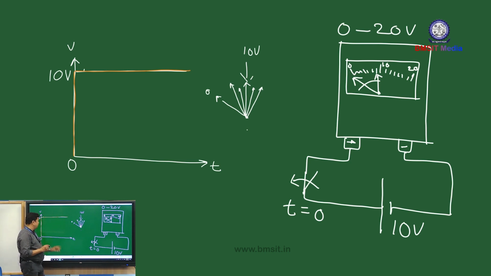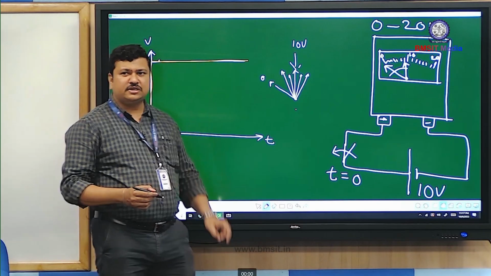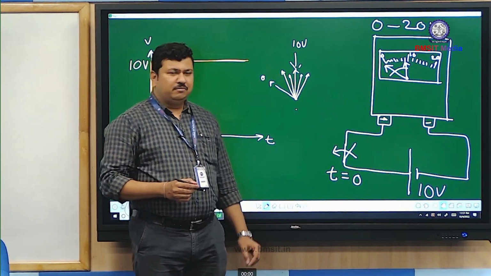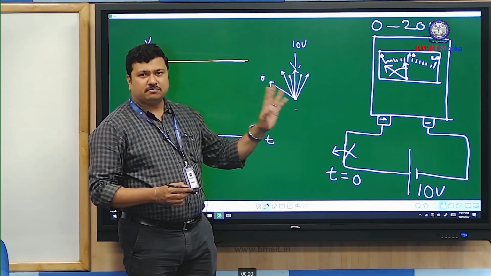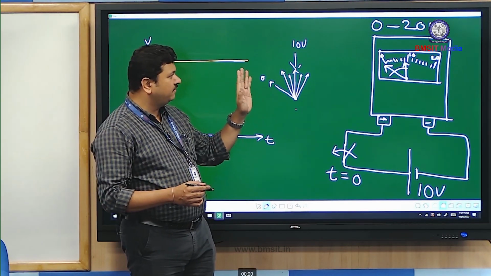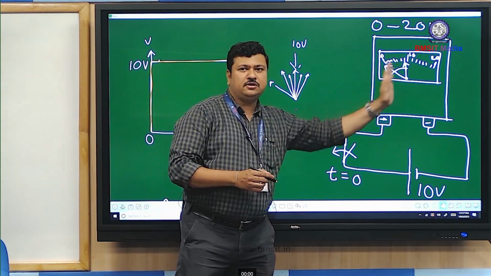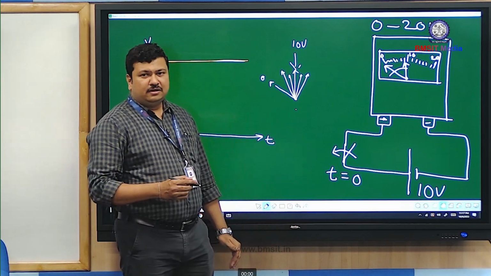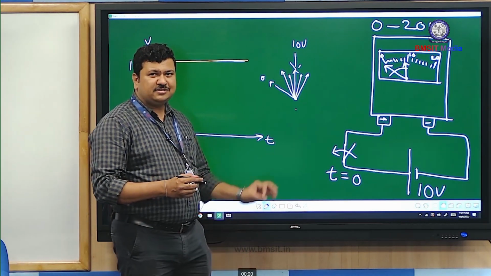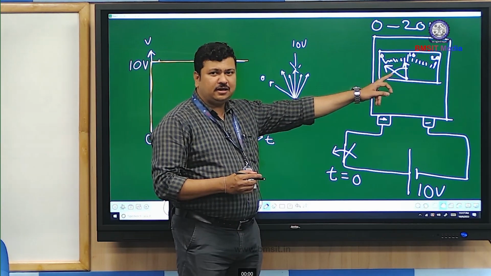But practically this won't happen, because when the deflection torque is developed in the pointer, because of the momentum gained by the pointer to deflect from the 0 position to the final value, the pointer may not stop exactly at the 10 volt marking.